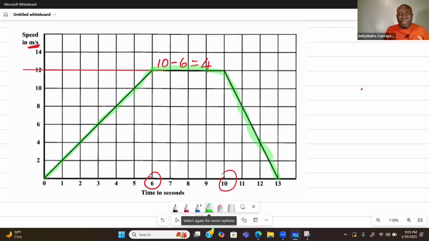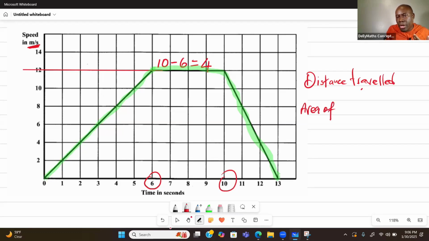If I'm able to find the area under this trapezoid, then I'm dealing with the distance that was traveled. So let us find that.